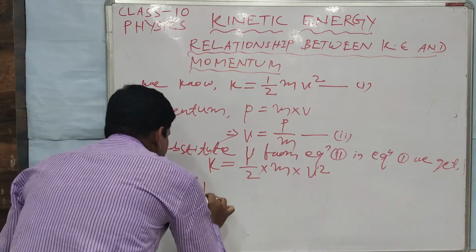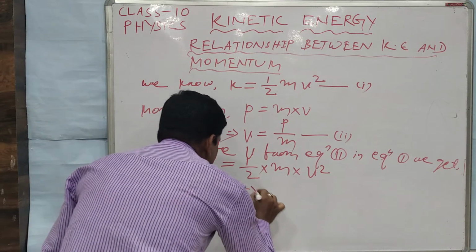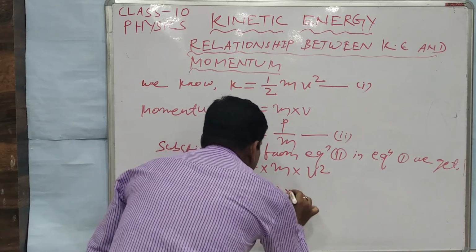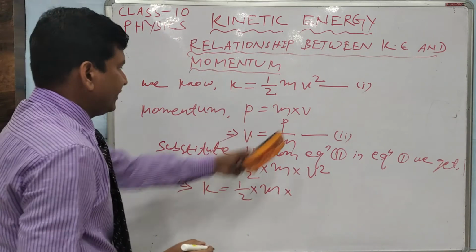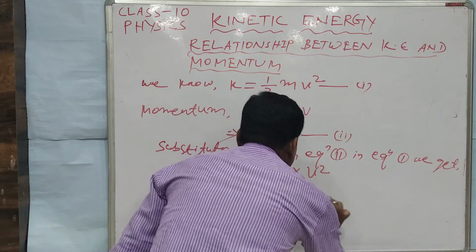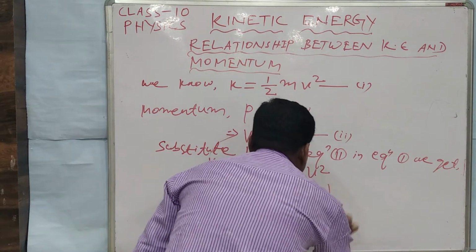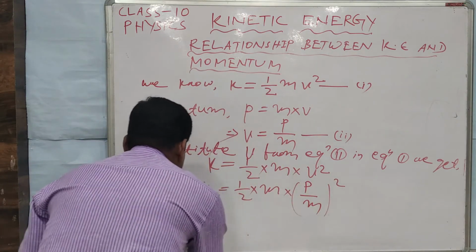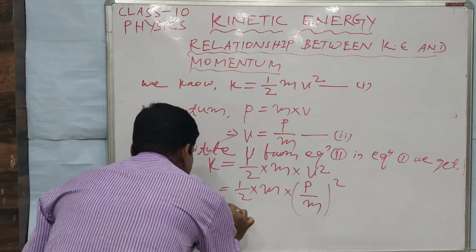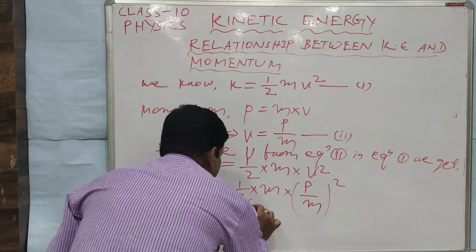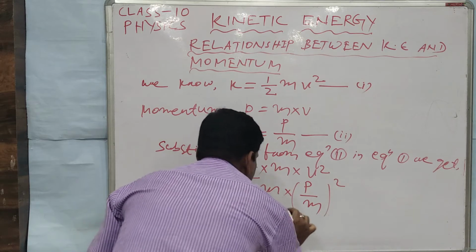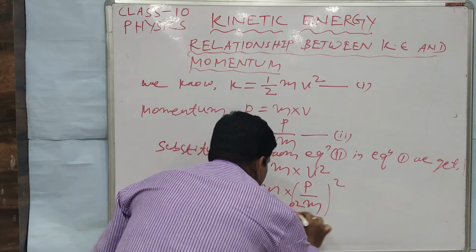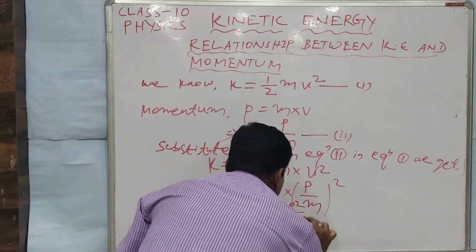That implies K is equal to 1 by 2 into m into v. In place of v, we write here p upon m. So p upon m whole square. That implies K is equal to 1 by 2 into m into p square by m square.